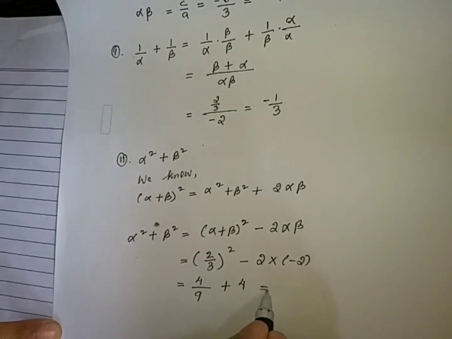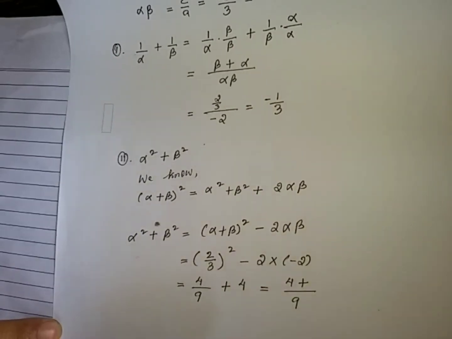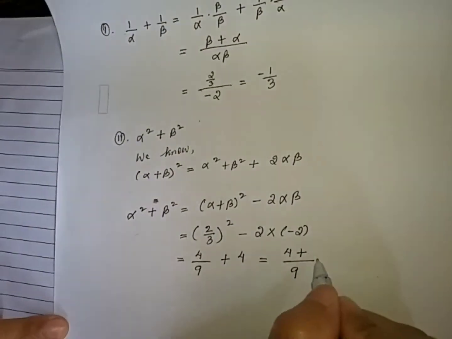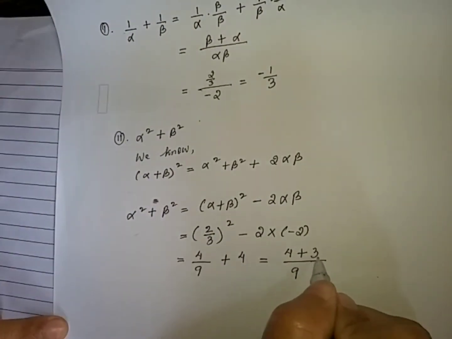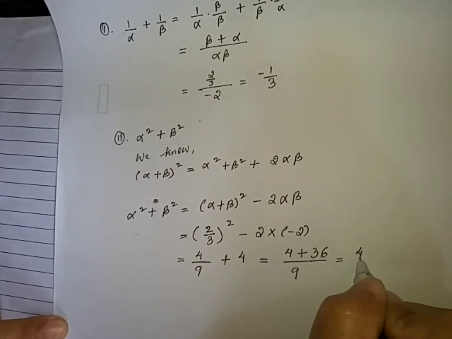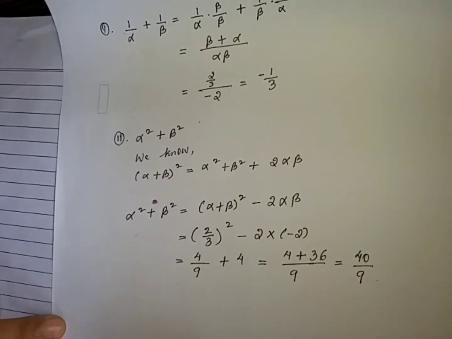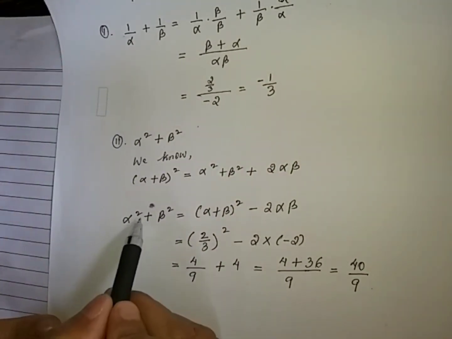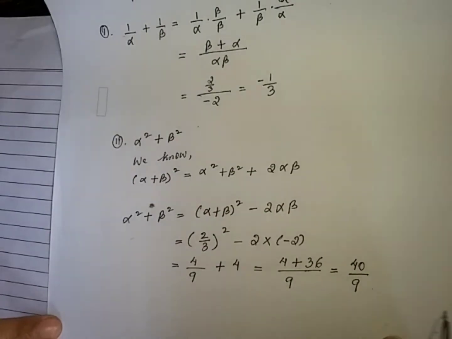Now if we take the LCM, it will be 9, 4 plus 36. Then this will give us 40 by 9. Then alpha square plus beta square is 40 by 9.